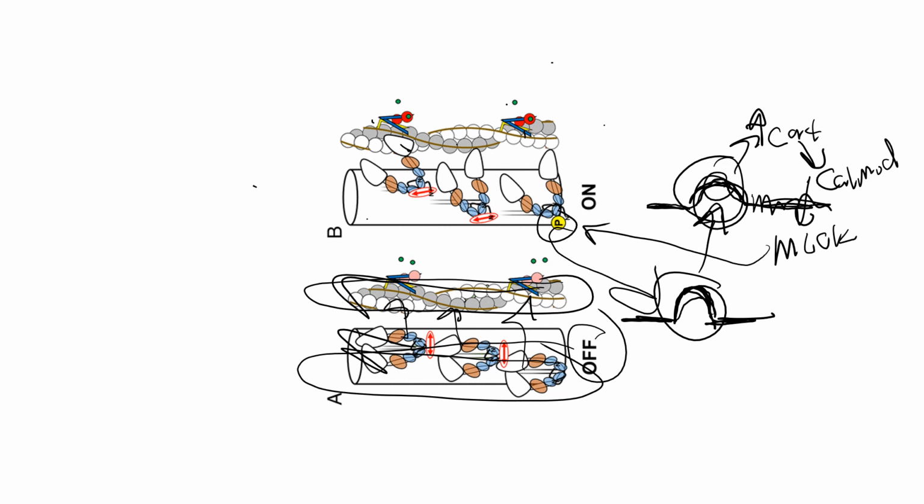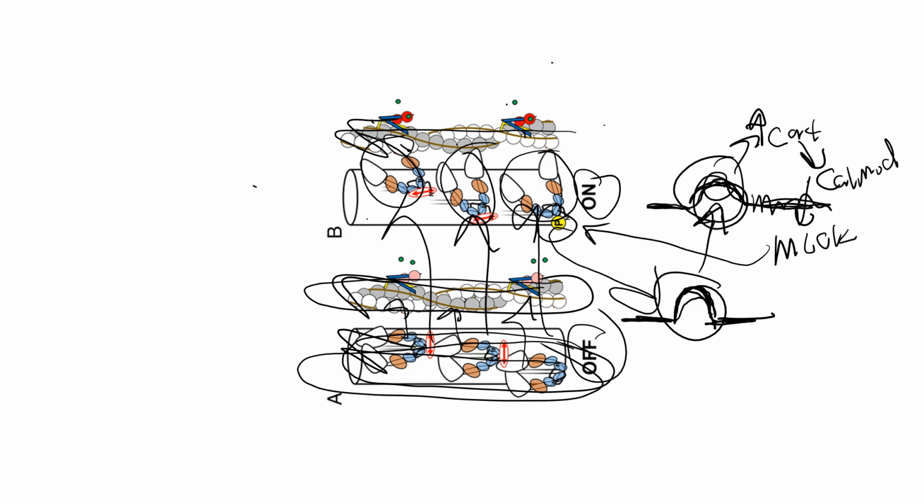All right, so what happens when you phosphorylate the light chains? You see where it goes to the on position here. The myosin heads become much more perpendicular to actin. They go from being parallel to actin when they're not phosphorylated to being perpendicular to actin when they are phosphorylated.